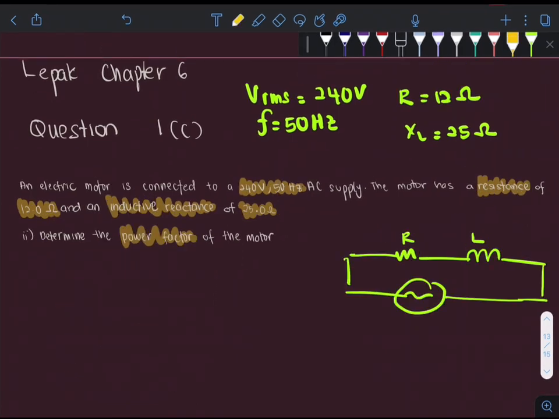Okay, so let us look at the second part of the question for question C, which is to determine the power factor. Before we answer this question, we must first understand what the power factor is. Power factor is represented by the cos phi here. The value of power factor cos phi can be deduced from the phasor diagram.